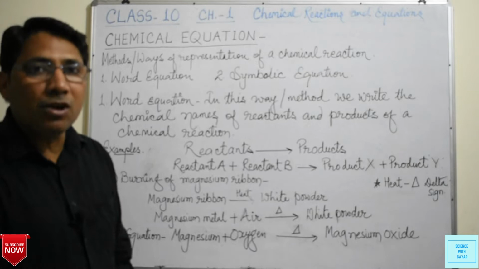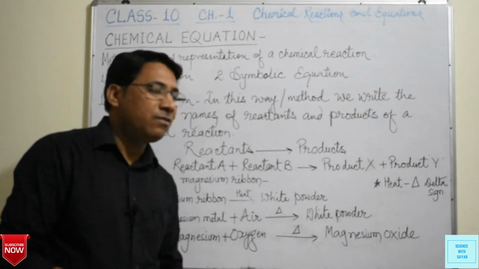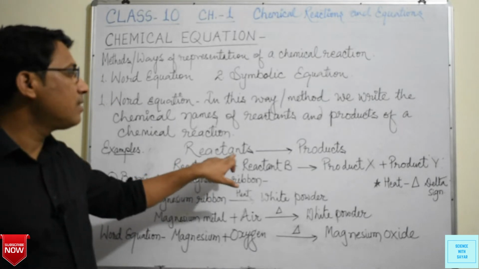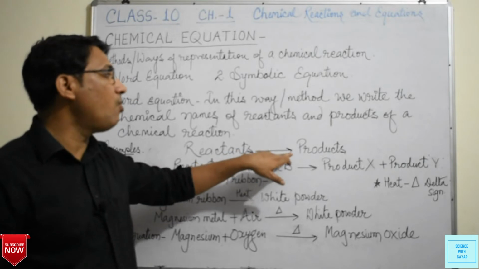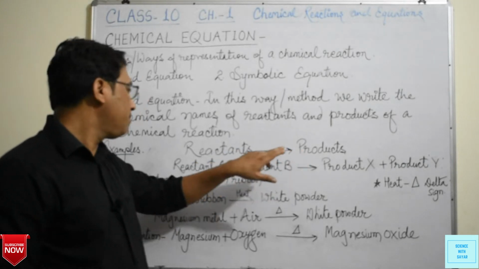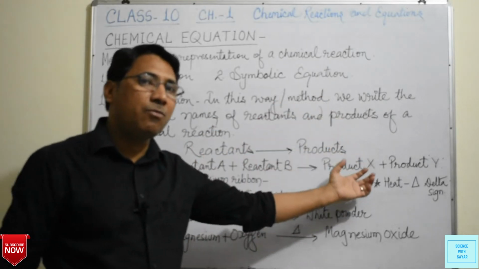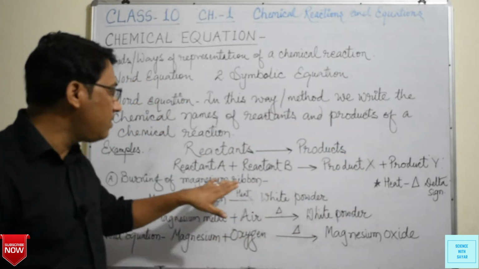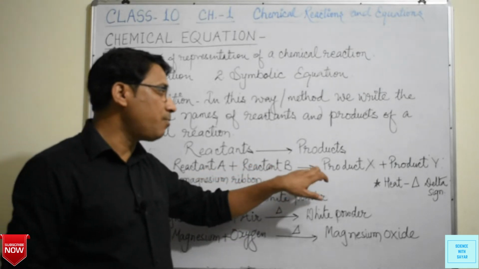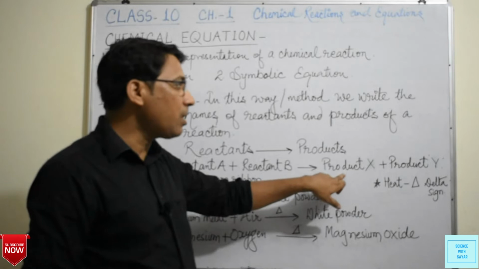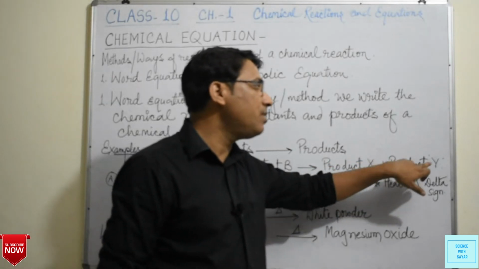Between the reactants and products we put an arrow sign, and the head of the arrow is always towards the products. So we can show reactant A, reactant B, arrow pointing towards product A or product X, or product B or product Y.